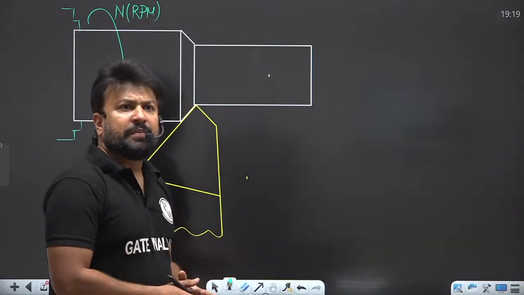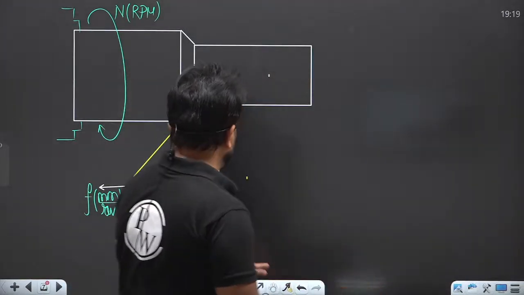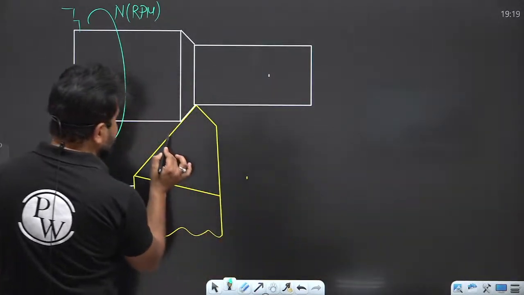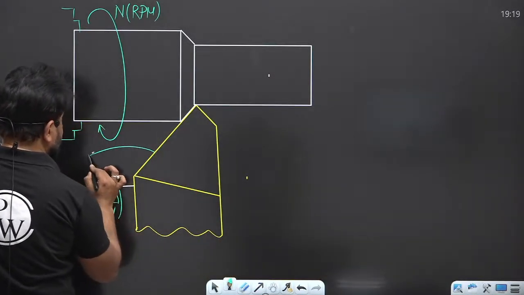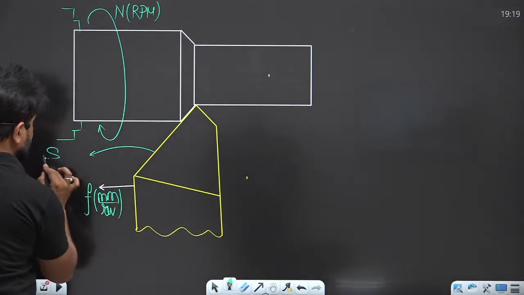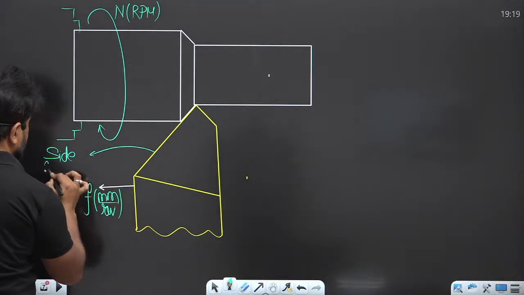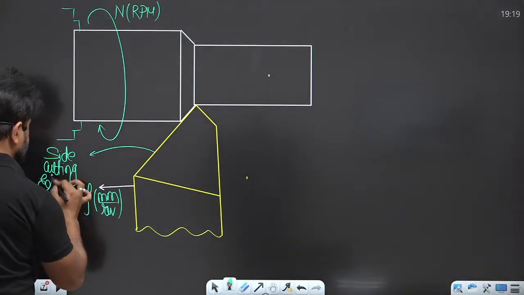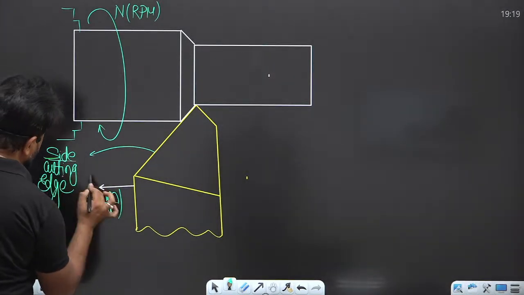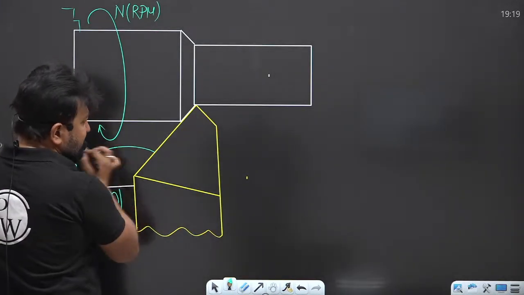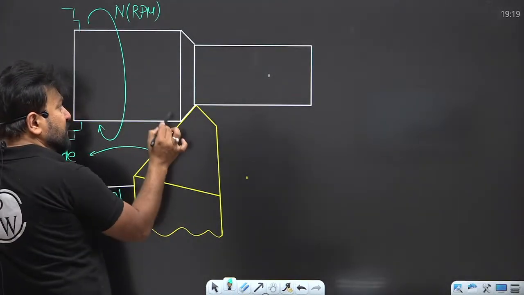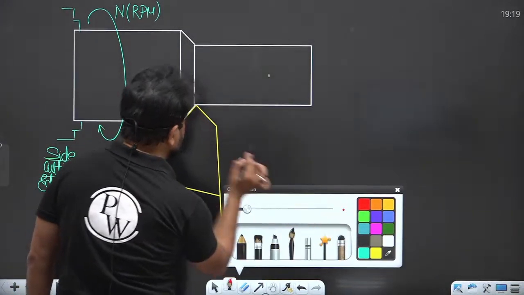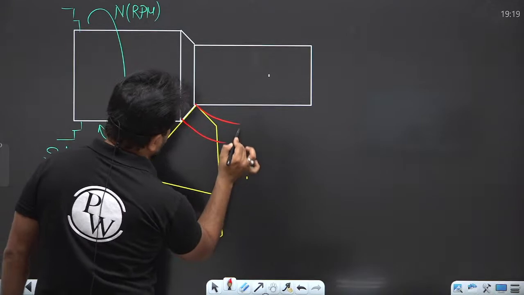In mm per revolution. So here you can see only this cutting edge, my dear, in turning. This is the side cutting edge. When this tool is going to cut the workpiece, the chip will flow like this.